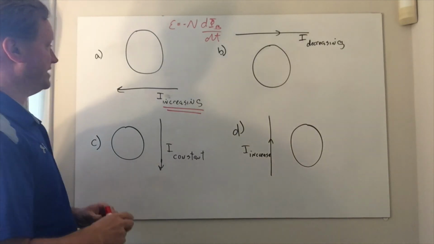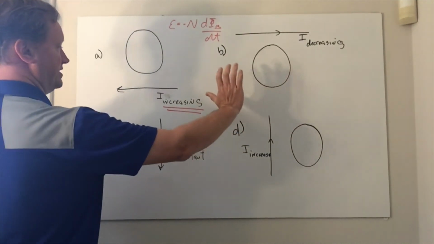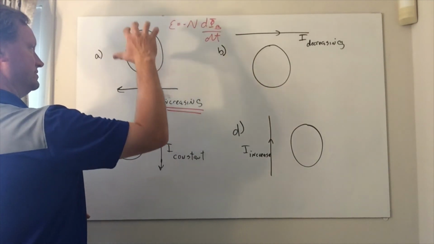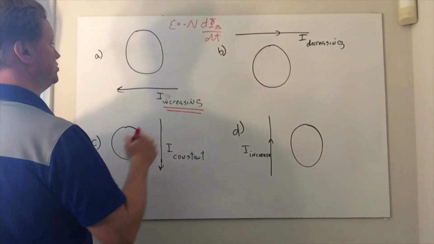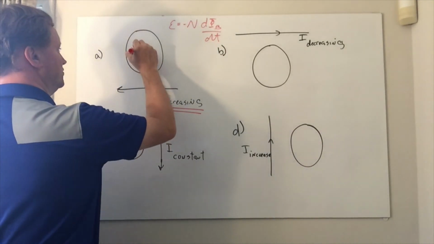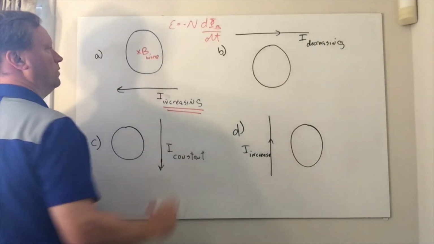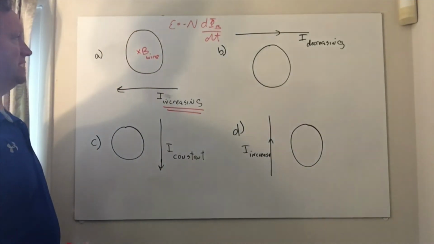If we consider the magnetic field that this is producing, I put my thumb in the direction of the current. Up here where the loop is, my fingers go into the board. And so I have a magnetic field from that wire into the board up there.